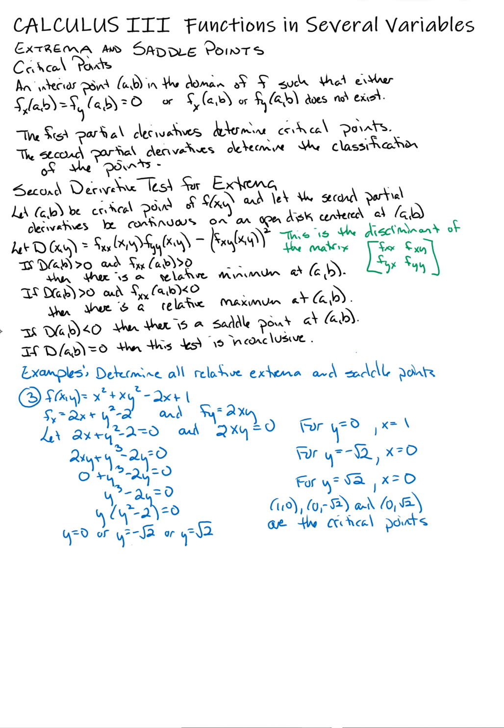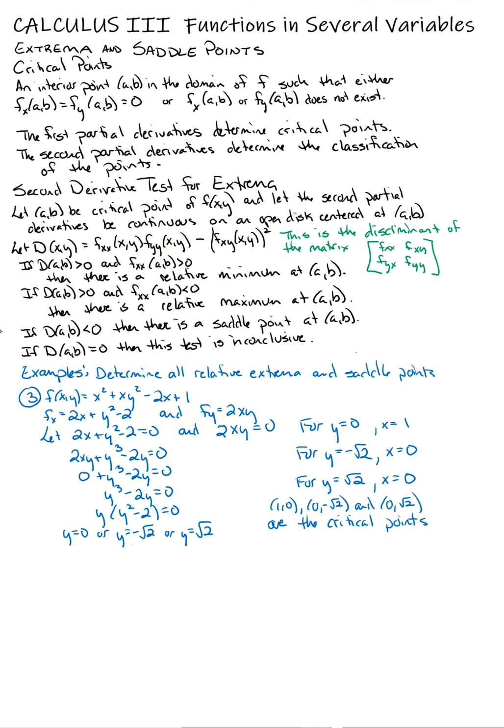Now we just have to figure out what happens at each of those critical points. The first thing we'll need to do is find the discriminant, but that includes the second partials. So let's find all of the second partials.